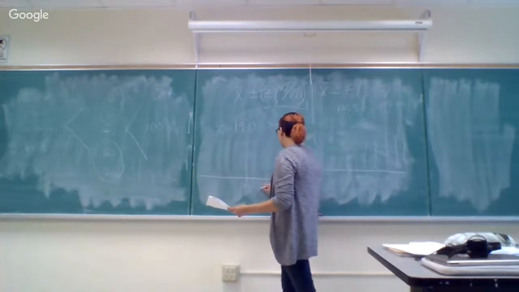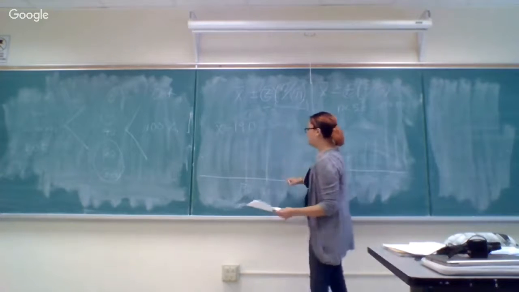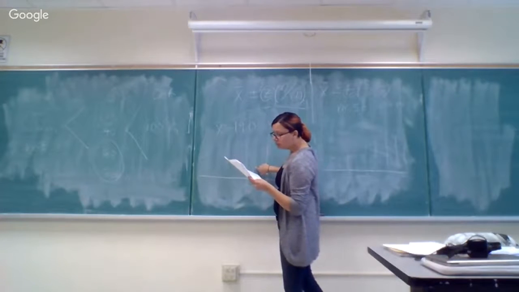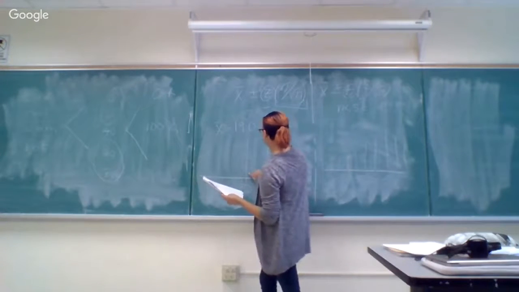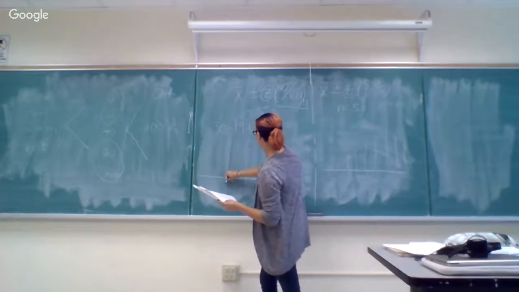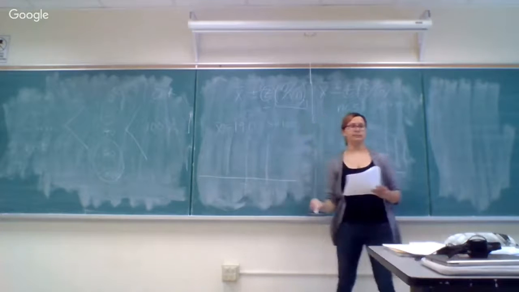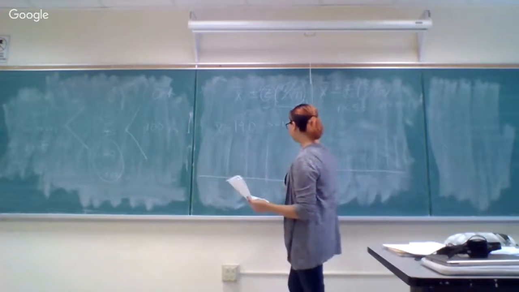So that's 200 there. And this is a normal distribution. So we know that 68 is in here, right?